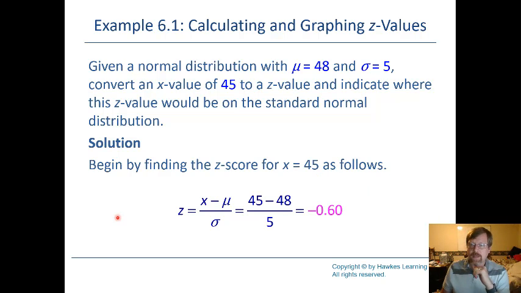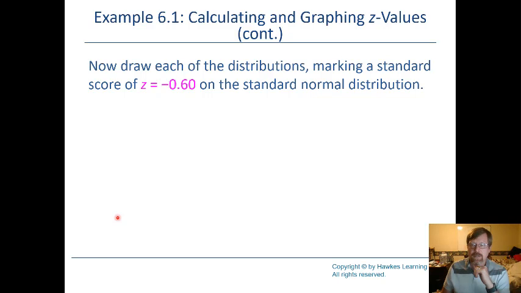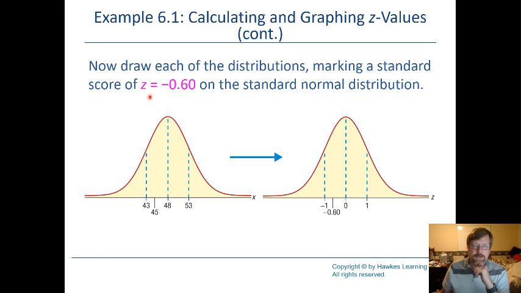So we could draw these distributions like so. Our mean is 48. Standard deviations are 43 and 53. We can get the curve the right shape by trying to match that, as I was saying, where the curve inflects.